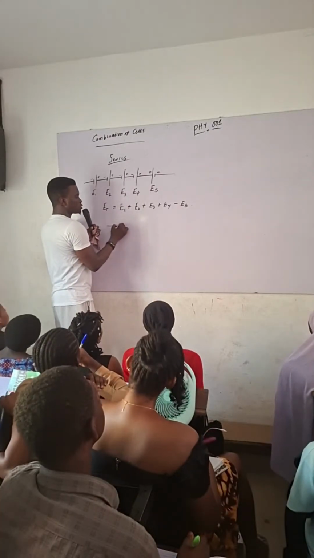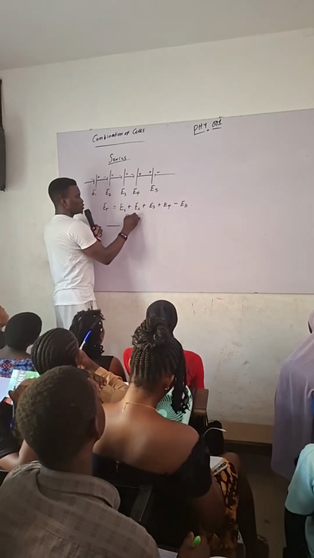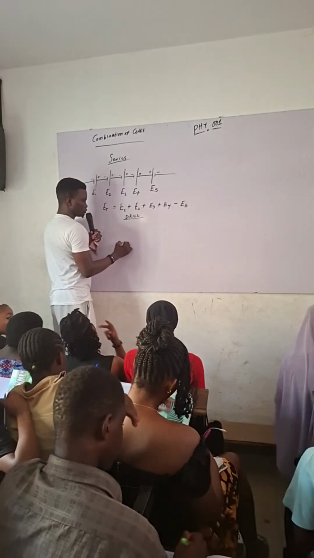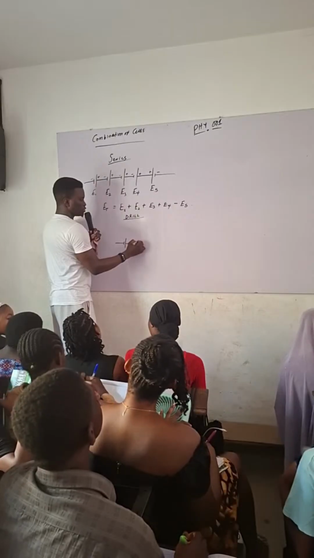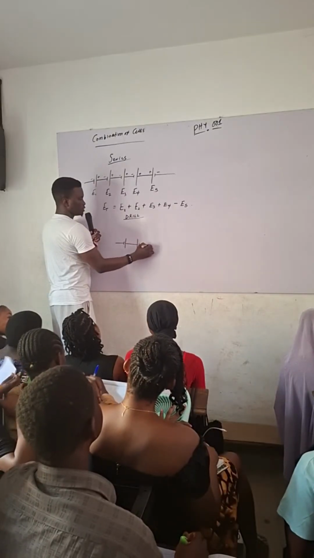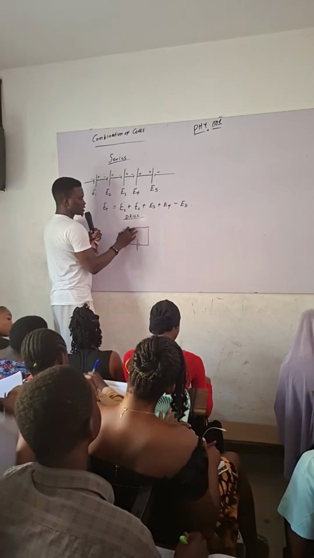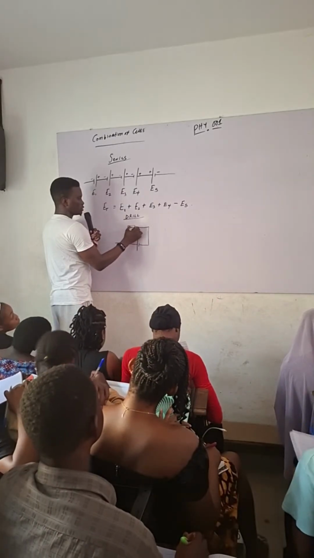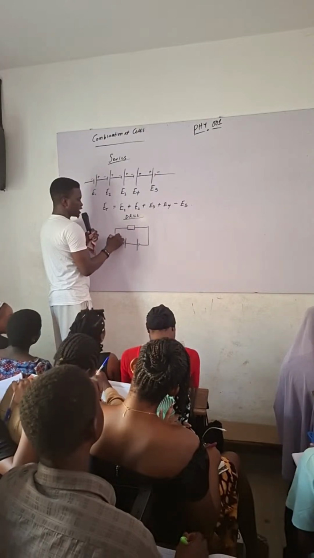Now let's look at this example. You will tell me the value of the EMF, and you will now calculate the current that is flowing in the circuit. So this is a circuit diagram.